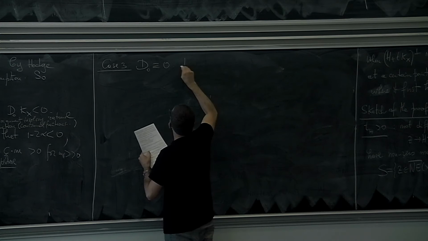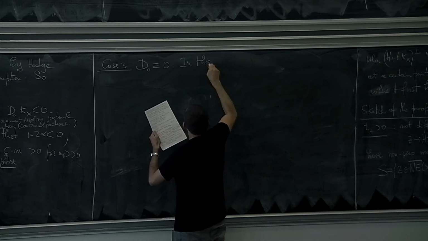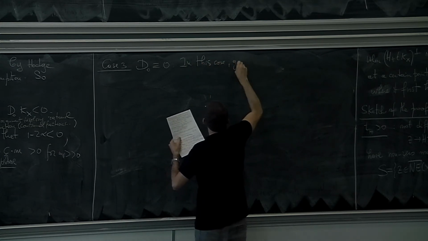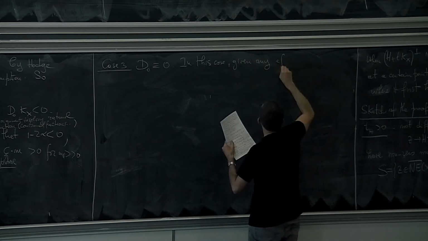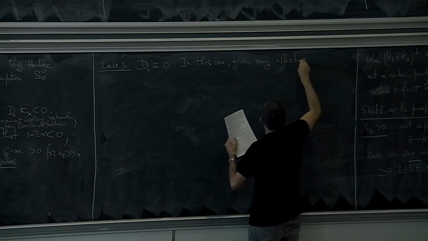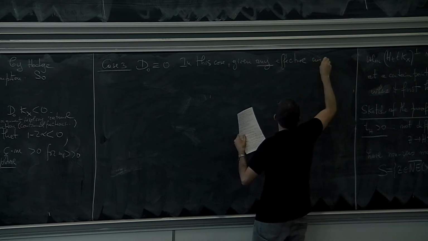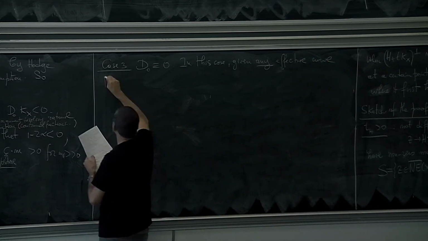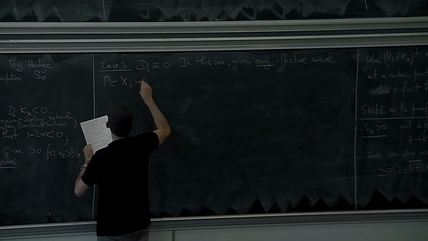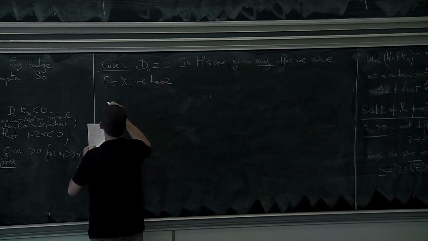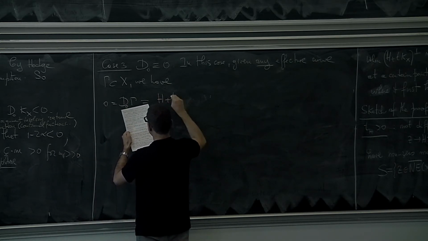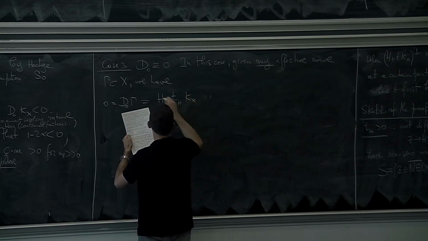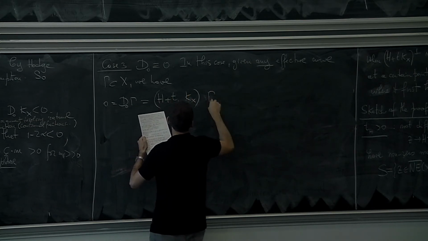In this case, given any effective curve gamma inside X, we have that 0 is equal to d0 times gamma, which is H plus t K_X times gamma.